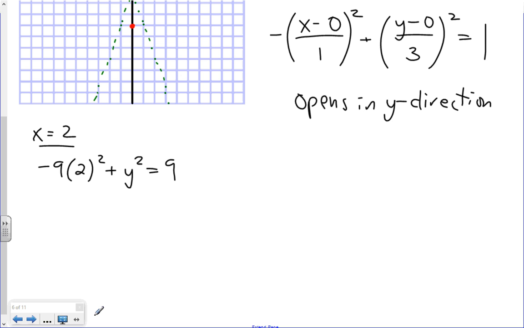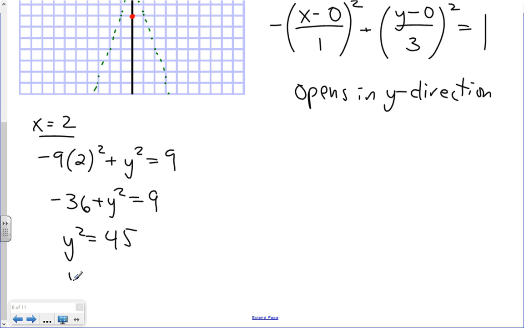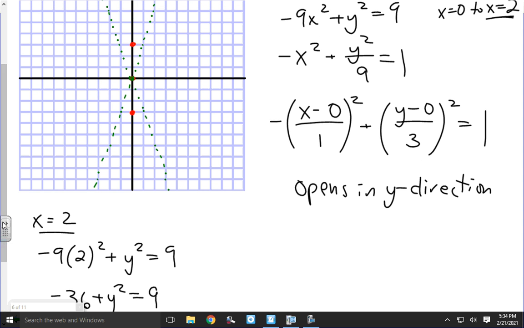So negative 9 times 4 is negative 36, plus y squared is equal to 9. So y squared is equal to 9 and 36, which is 45. So y is equal to plus or minus the square root of 45. Square root of 49 is 7, so we're just slightly below 7 is what that tells me. If you want to get your calculator and get a more accurate number, you can. But I just want to have an idea of what point I am supposed to be approaching.